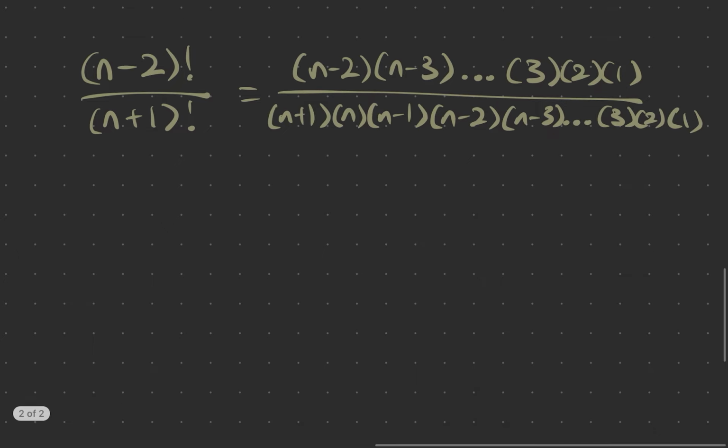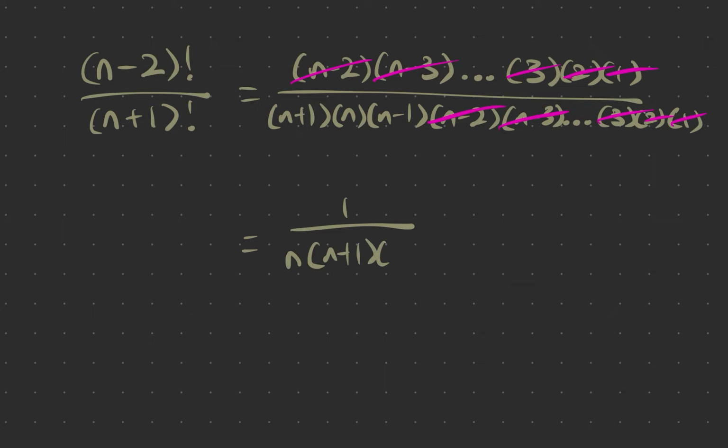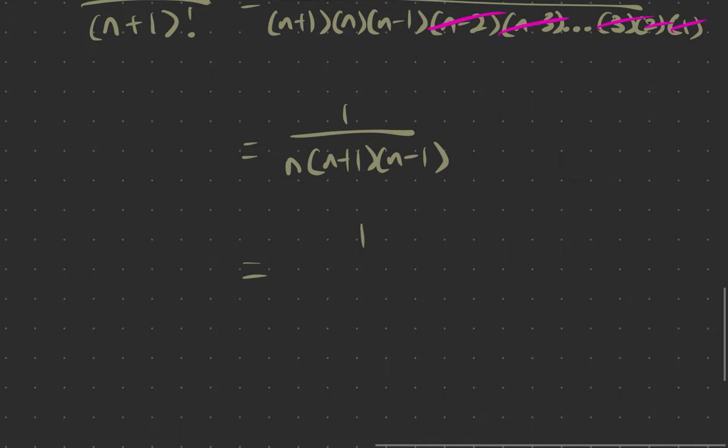Alright, so now you find the common terms that you can cancel out. N minus 2, n minus 3, 3, 2, 1, and there you go. Your answer is just 1 over n plus 1 times n times n minus 1, which you can technically write as 1 over n times n squared minus 1.